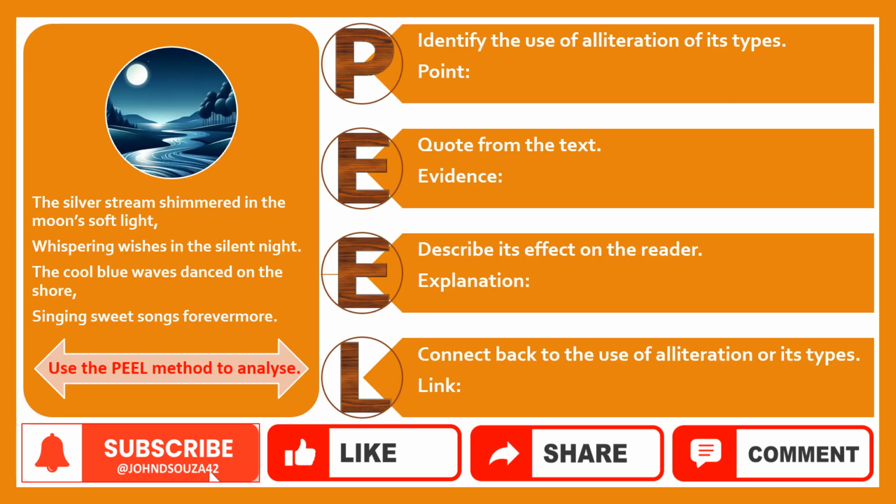Now let's analyze alliteration and its types like a literary critic. Analyze the poet's use of alliteration or its types in the given poem using the PEEL method. Point: the poet uses alliteration to create a rhythmic and melodic quality in the poem.